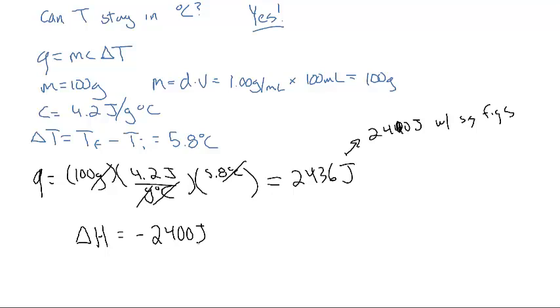The potential energy went down, it released energy, so it lost 2,400 joules. Does that make sense? The biggest thing that students have problems with in this kind of calorimetry is that sign. If the temperature of the water goes up, that means the reaction was exothermic and released energy. If the temperature of the water goes down, that means the reaction was endothermic and absorbed energy from the water. So be careful with your signs. All right.